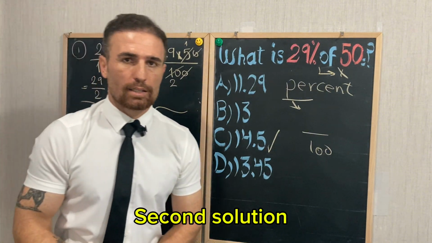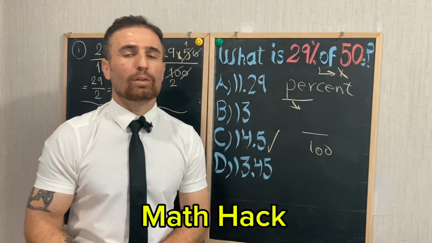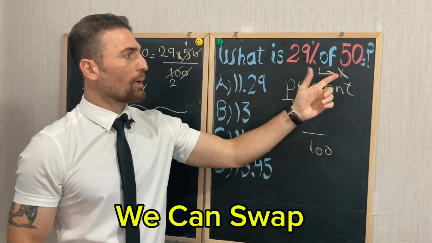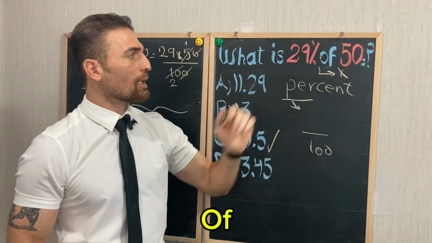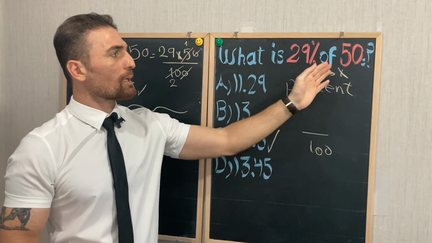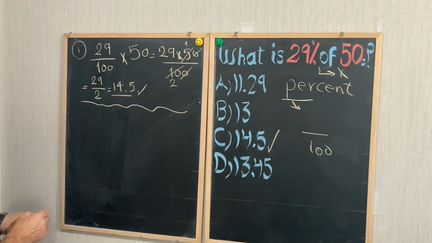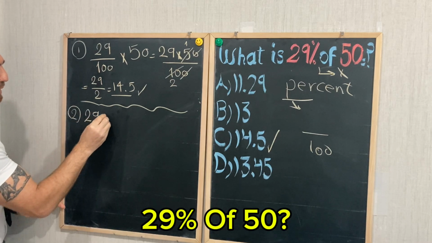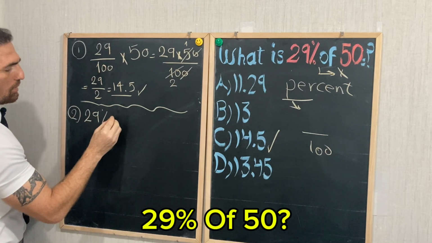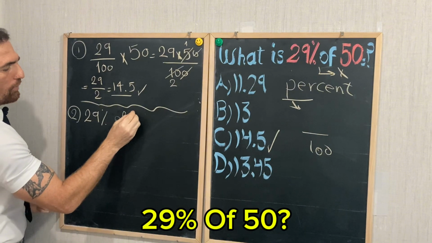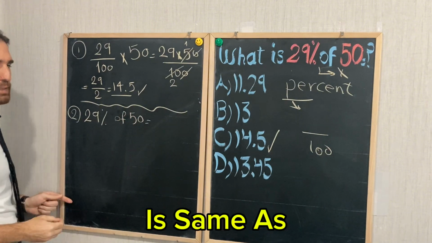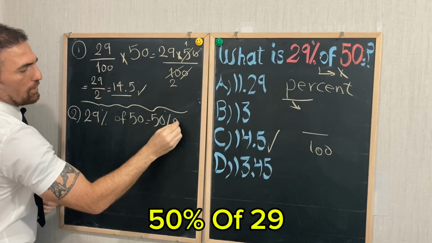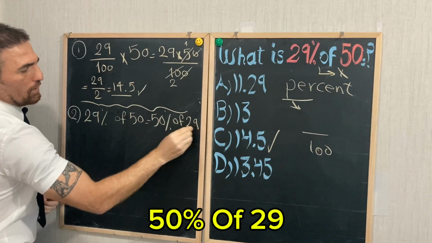But for the second solution, now we are going to talk about a math hack. In the percentage, we can swap the positions of these two numbers. So 29% of 50, second solution, 29% of 50 is same as 50% of 29.